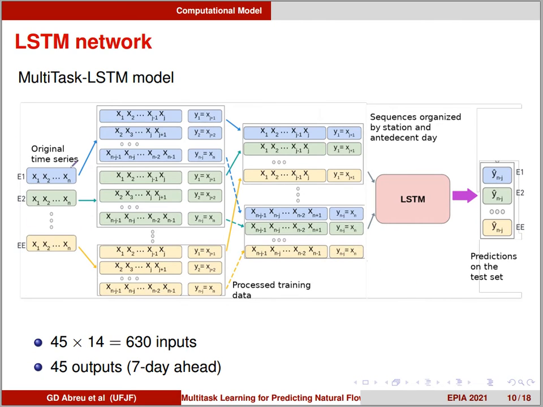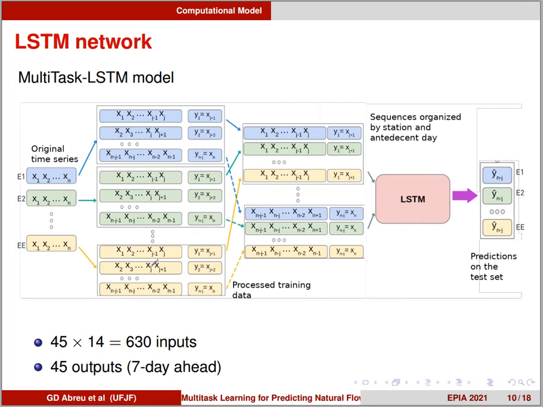Here, the structure of the method: the original time series is processed into a training set. This training set is organized in sequences according to the station and the antecedent day. This data is used as input to the LSTM that, after being trained, will provide predictions on the test set.